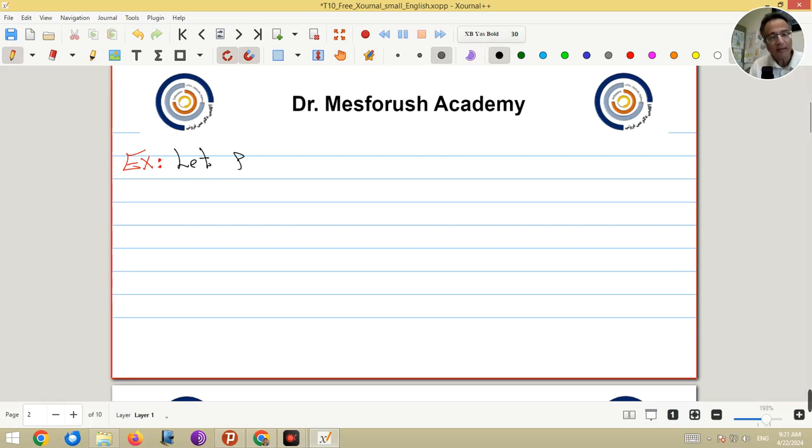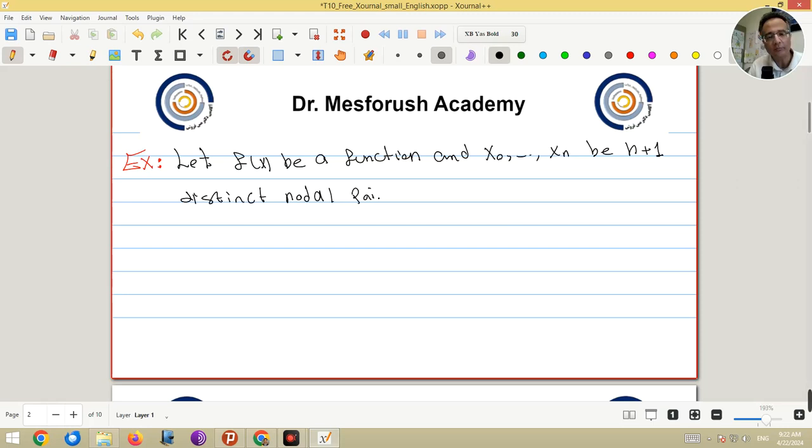Let f of x be a function and x0 to xn be n plus 1 distinct points.